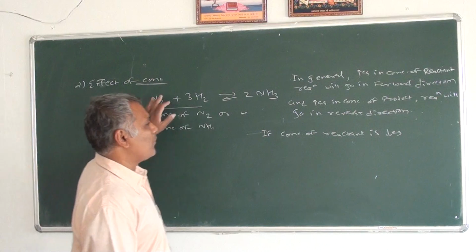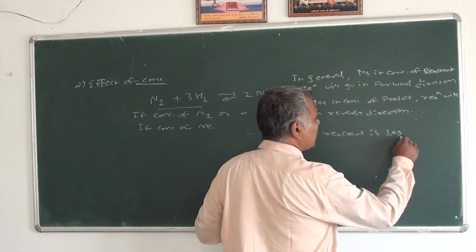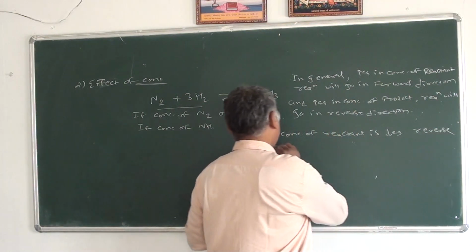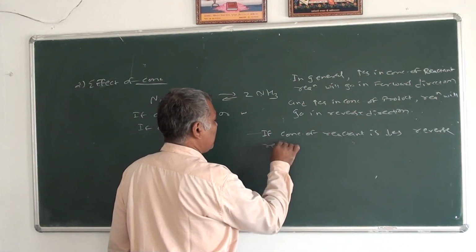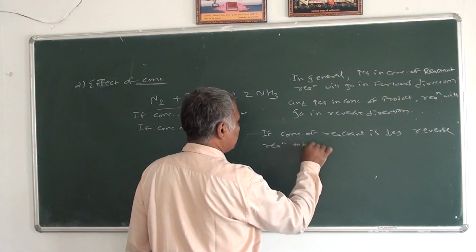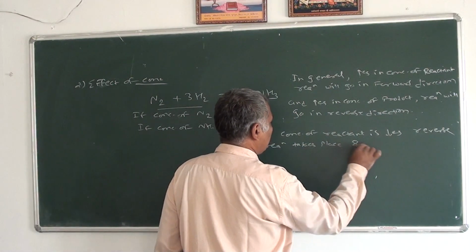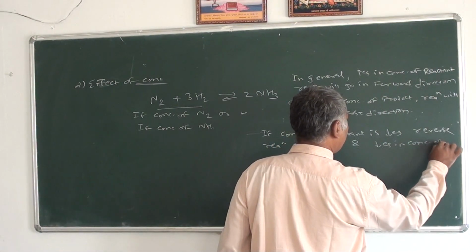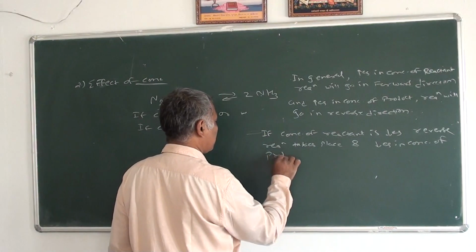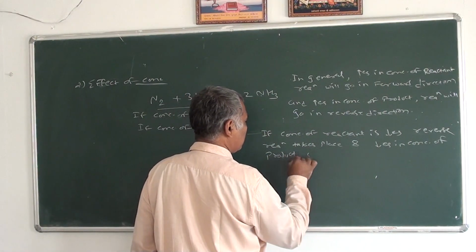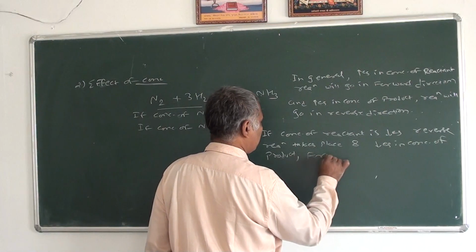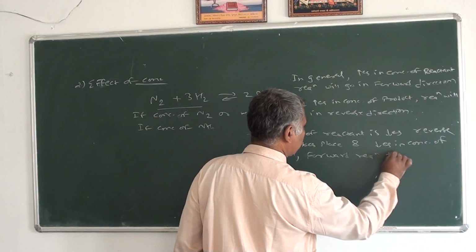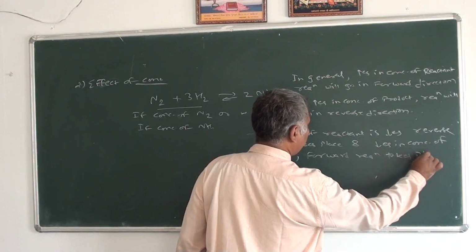So by decreasing the concentration of the reactant, the reverse reaction takes place, and by decreasing the concentration of product, the forward reaction takes place.